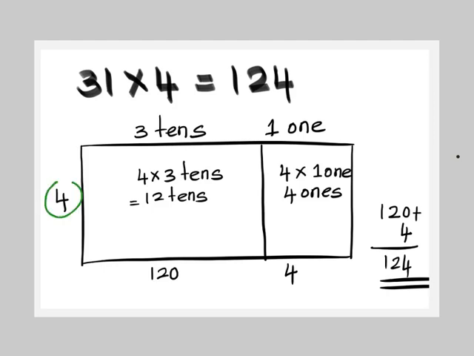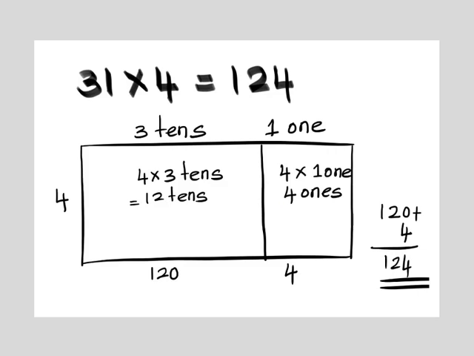So when we multiply 4 times 3/10, it becomes 12/10. And then 4 times 1 one. So that is what goes here. 4 times 1 one is 4 ones. Okay.